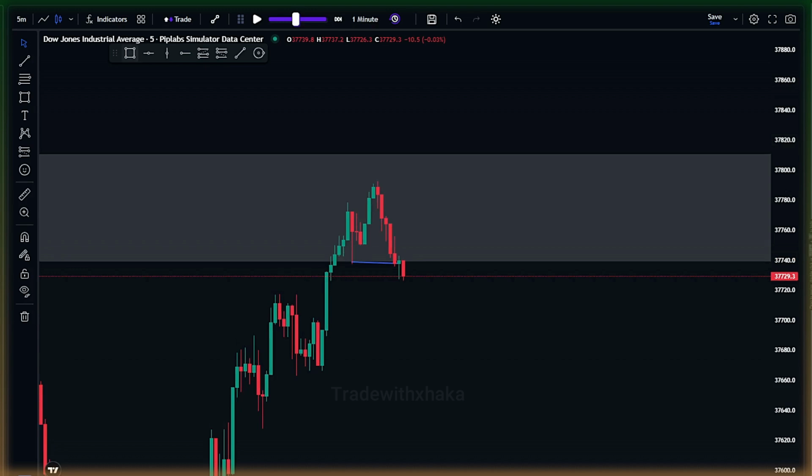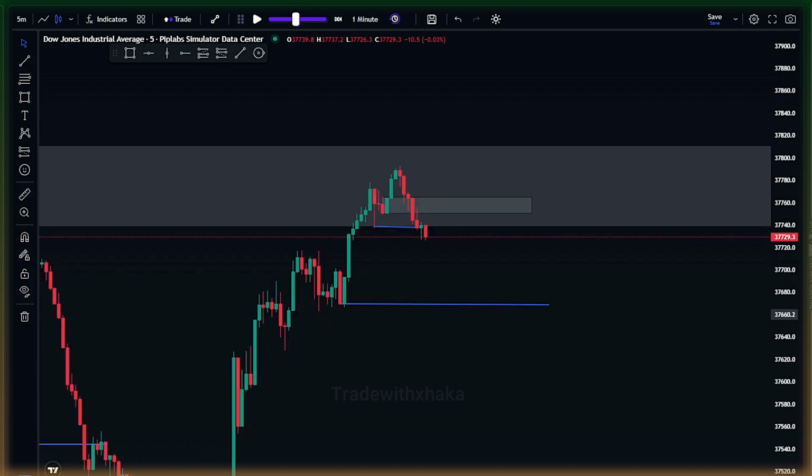This will be our entry, targeting 1:2 or 1:3. The next draw on liquidity we have here in the lower time frame is this very low here. Now this is our next target. Thus, if price pushes through here, we target here. You see how we combine it.